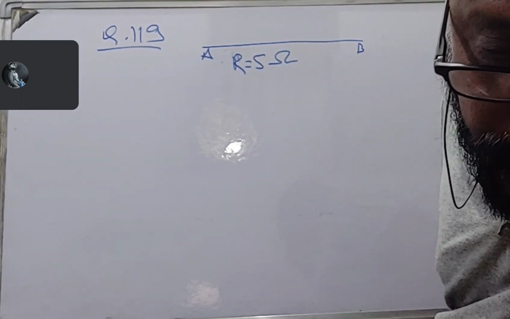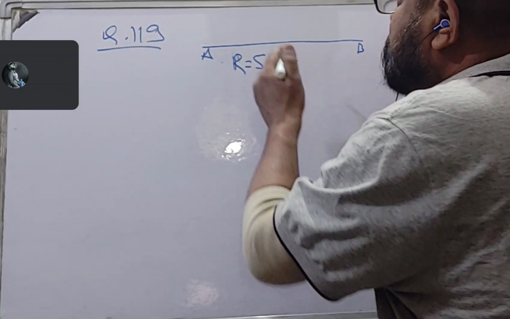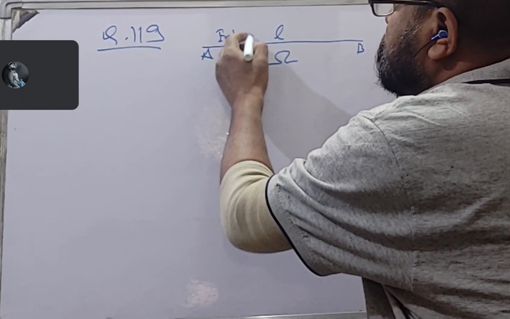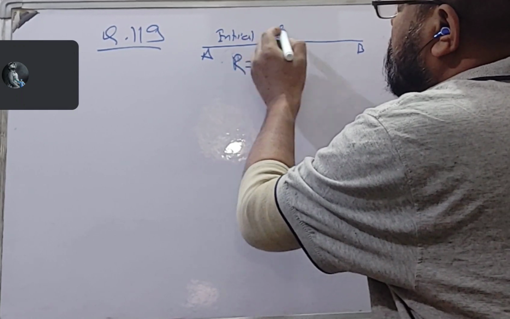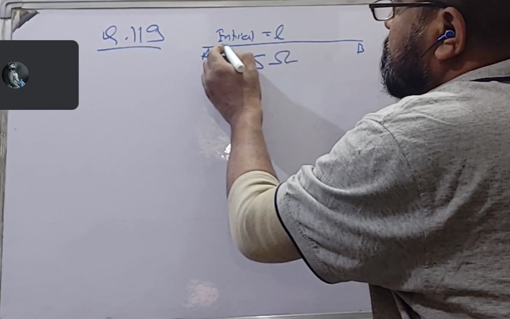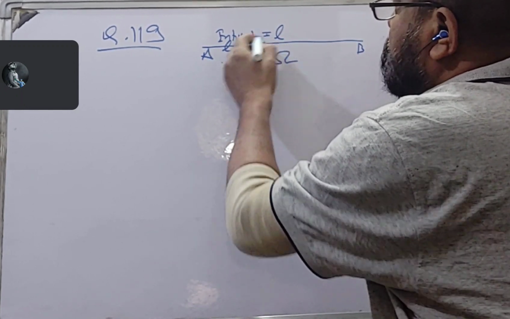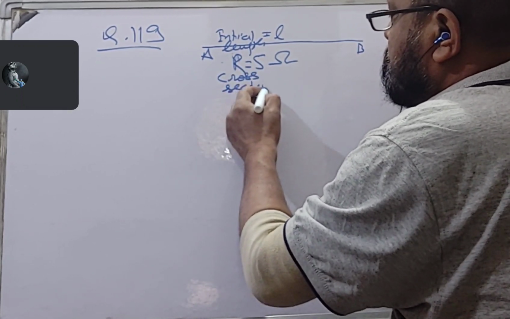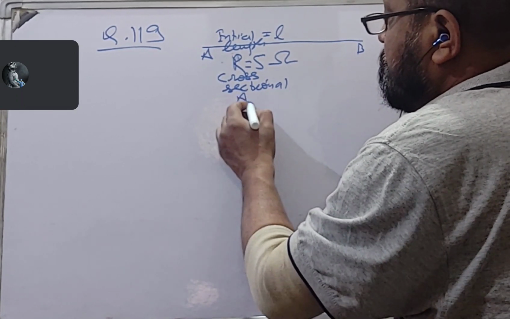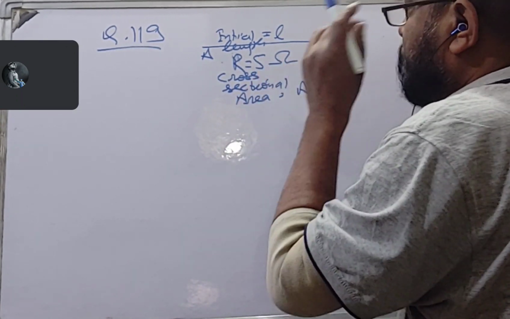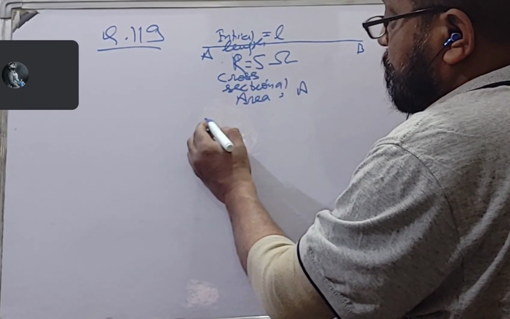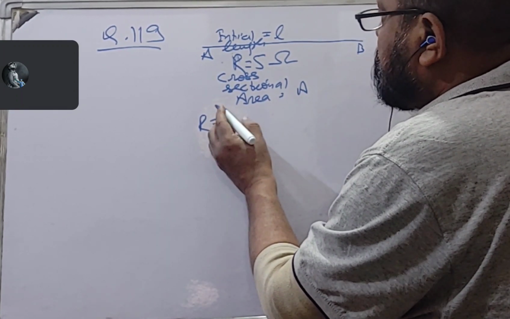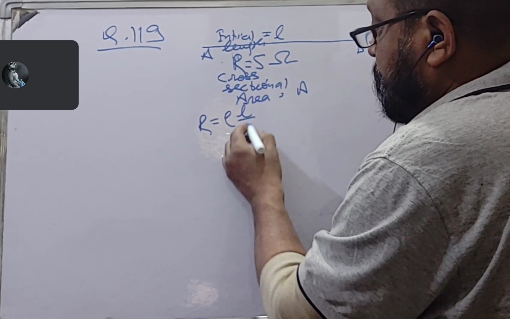Fine. And so initial length is L, and cross sectional area is equal to A. So R is equal to rho into L upon A, right?